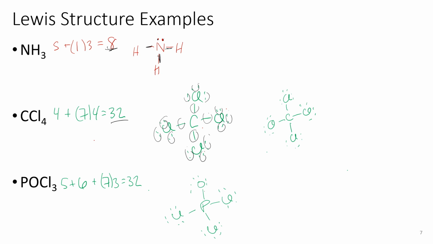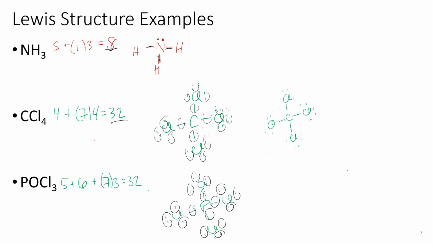So I have 2, 4, 6, 8, 10, 12, 14, 16, 18, 20, 22, 24, 26, 28, 30, and 32. And everything has a nice octet associated with it. But one of the things that we're going to talk about later on is we also need to talk about how things are bound together as well. So these were some very simple steps to actually look at things.